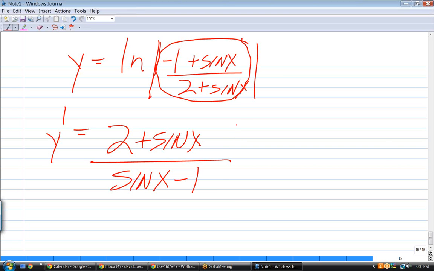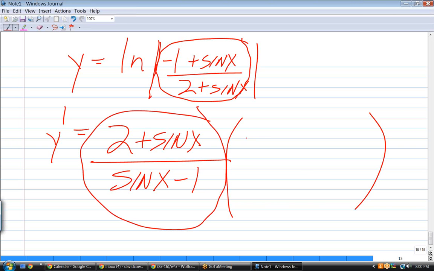You see why? In other words, I'm applying the chain rule. I'm taking the derivative of the outside, which is this, times the derivative of the inside, which is what?